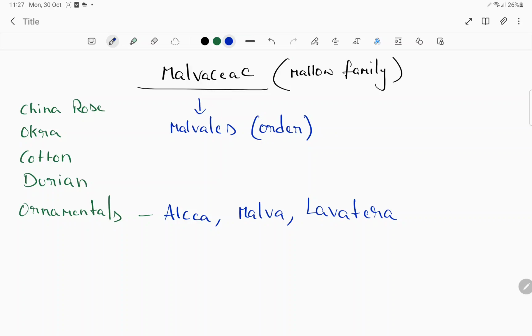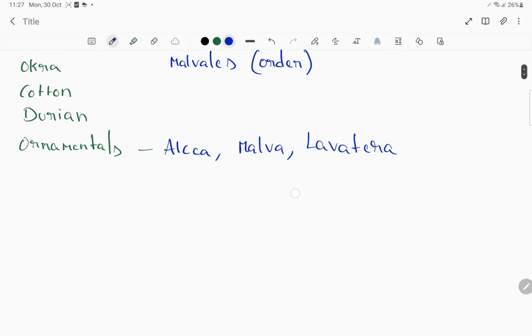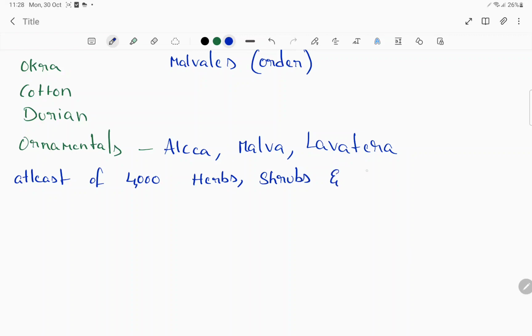And there are at least 4,000 species, which include herbs, shrubs and trees.